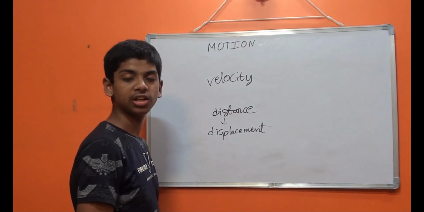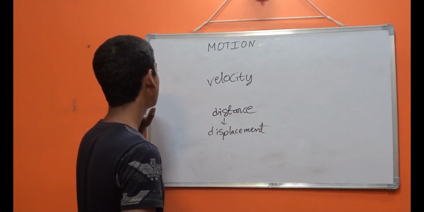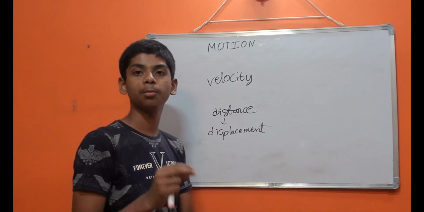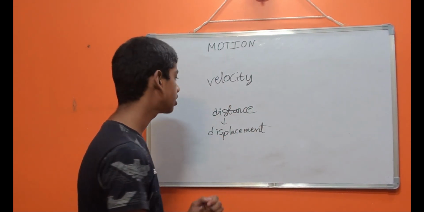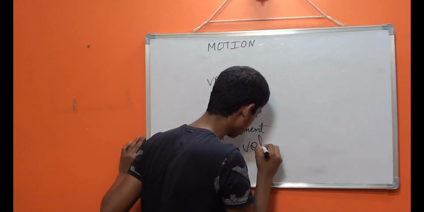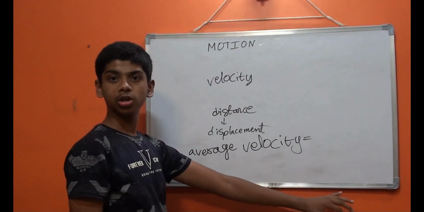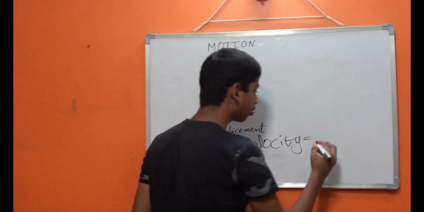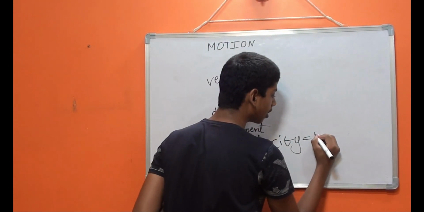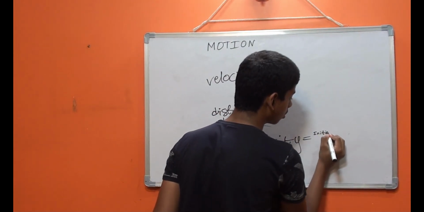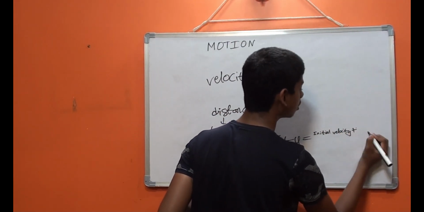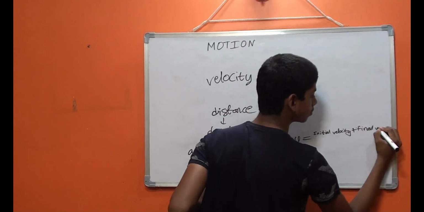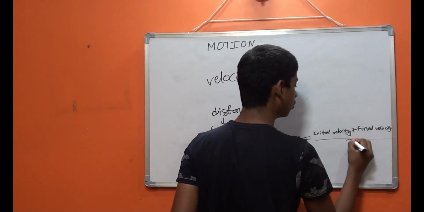Now what is instantaneous velocity? The velocity of a body at a particular instant is called instantaneous velocity. What is average velocity? Average velocity would equal initial velocity plus final velocity divided by 2.